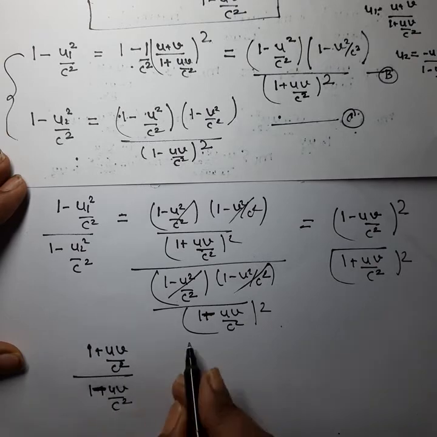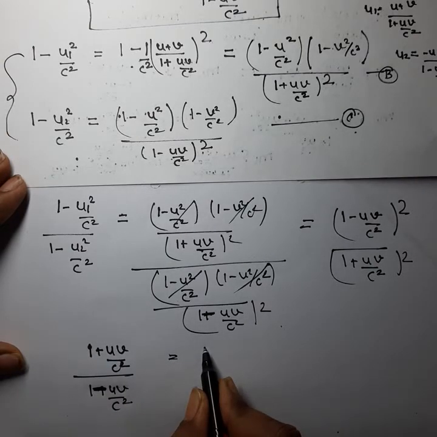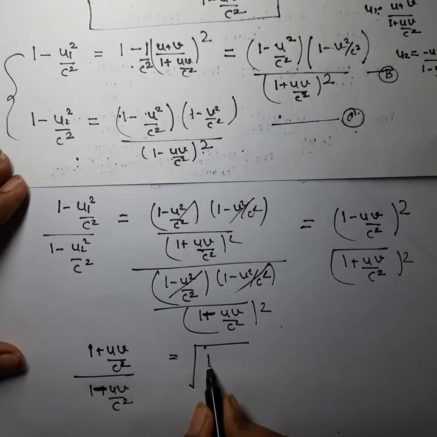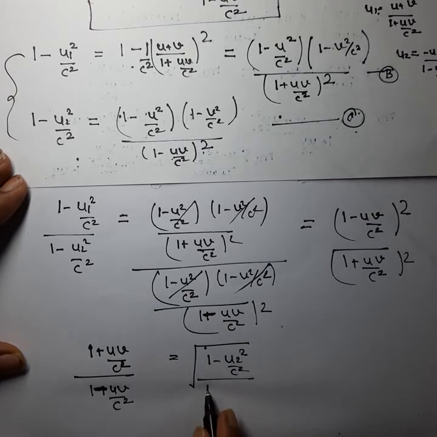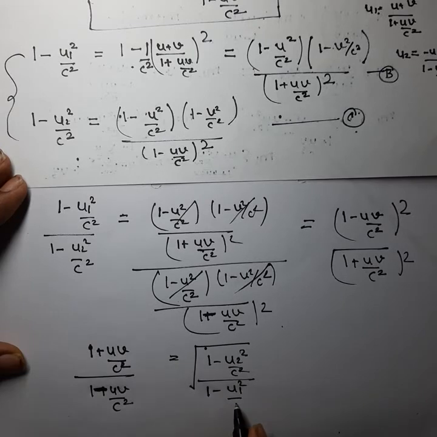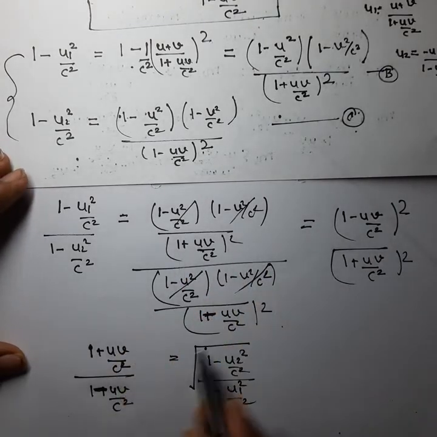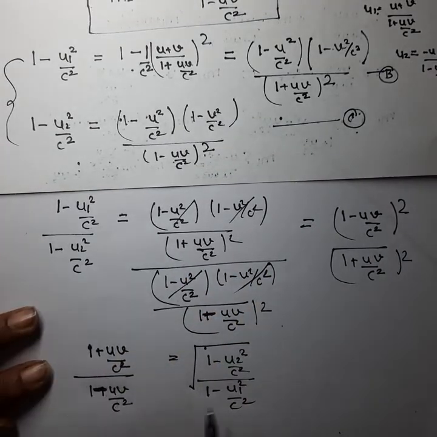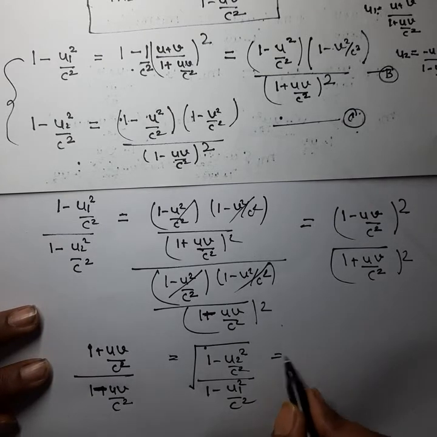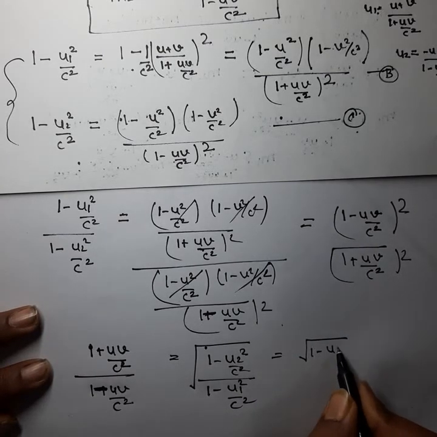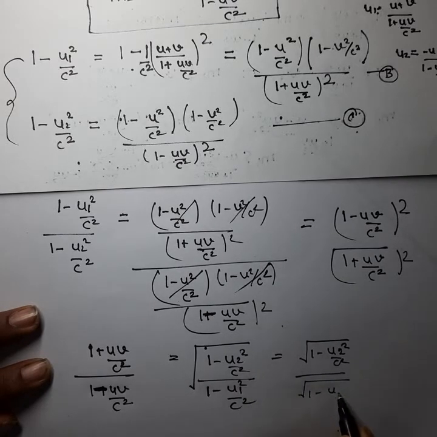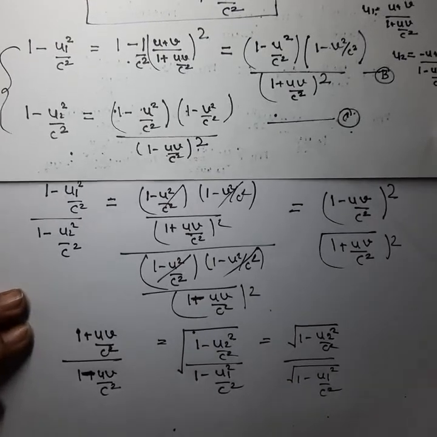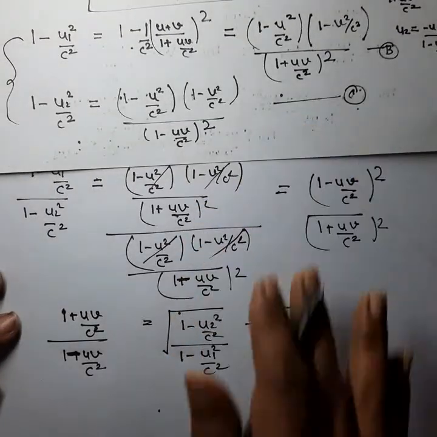Okay, this can be written as square root of (1 minus u2 square by c square) divided by (1 minus u1 square by c square). Simply you can write it as 1 minus u2 square by c square divided by 1 minus u1 square by c square. I think there should not be any problem in this calculation.